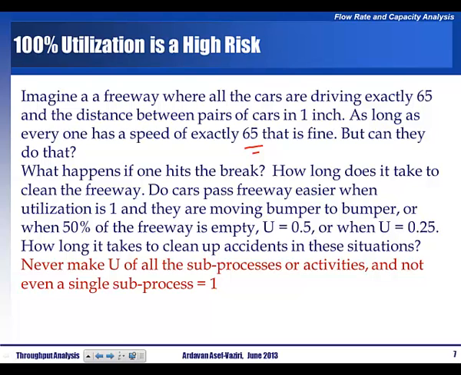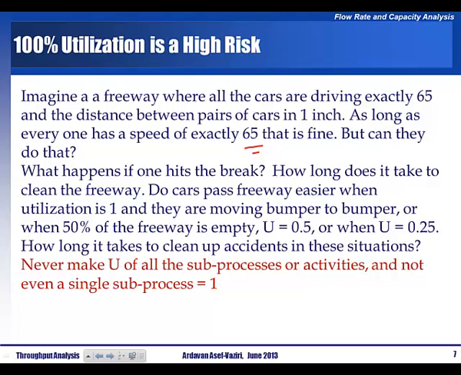But if the speed of one of them comes down to 64.9 miles per hour, there will be a big accident, and it may take several hours to clean up the freeway. And all that capacity of the freeway is perishable. We cannot bring it back. Do cars pass the freeway easier when utilization is equal to 1 and they are moving bumper to bumper, or do they move easier when utilization is 50%?